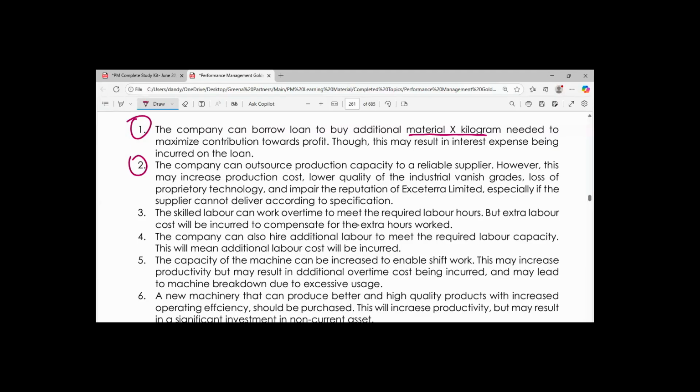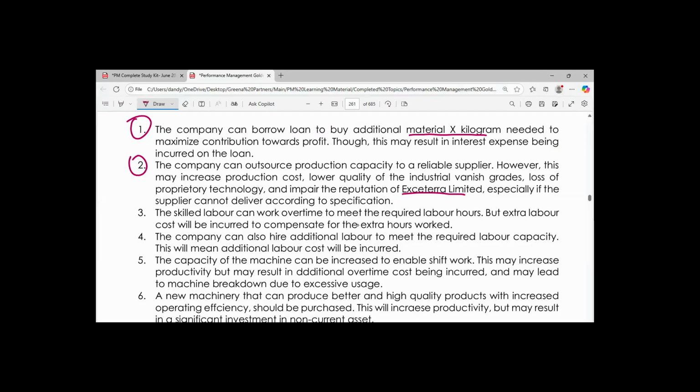However, this may increase production costs, lower the quality of industrial varnish grade, cause loss of proprietary technology, and impair the reputation of Oshimiri, especially if the supplier cannot deliver according to specification. All right, so that's my response to that.